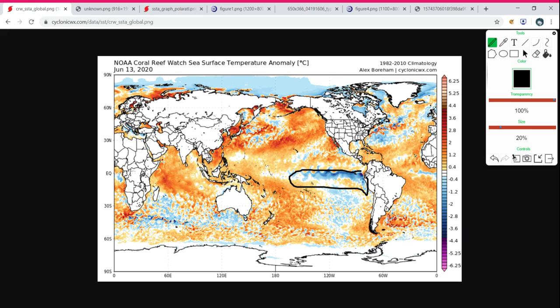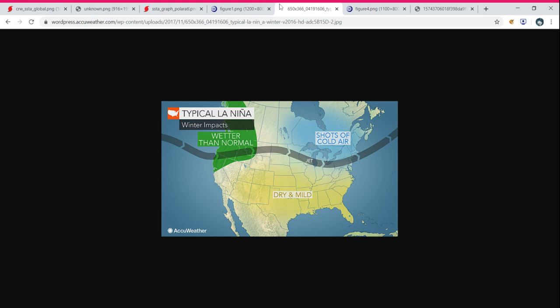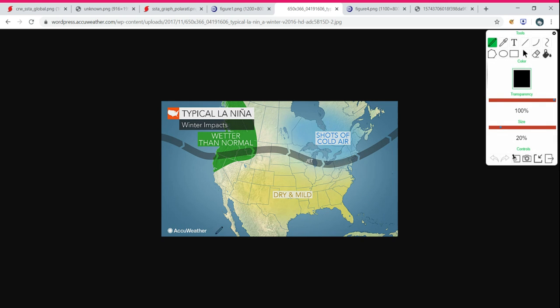So the ENSO region. The ENSO's effect on winter can vary quite a bit, but for the most part, you get shots of cold. This is credit to AccuWeather. You get shots of cold air across the eastern tier into New England.